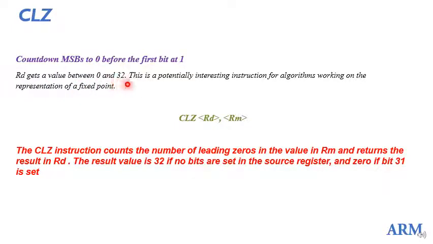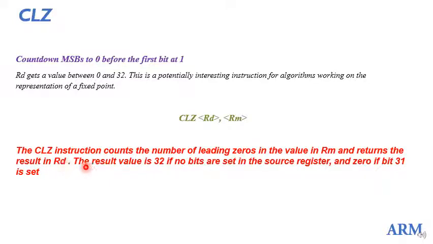This is usually used for algorithms working on the representation of a fixed point. So this CLZ instruction is going to count the number of leading zeros in the value in RM and returns the result in RD. This is what I have just explained.